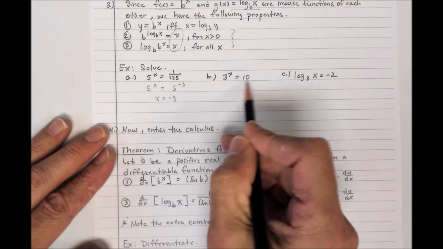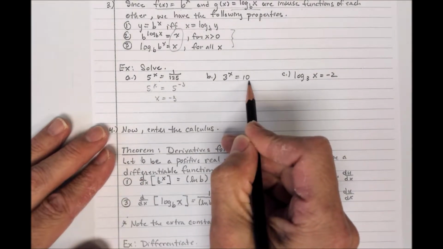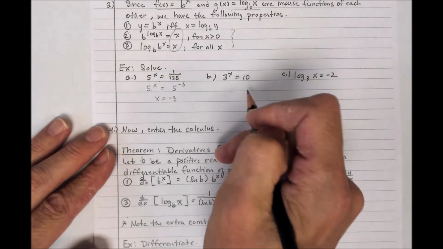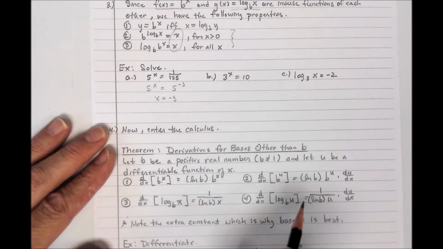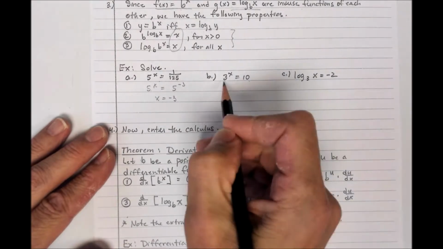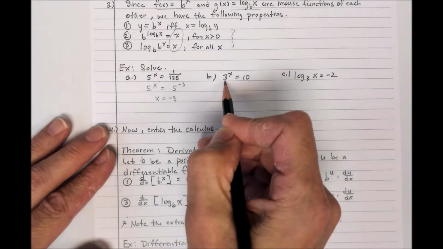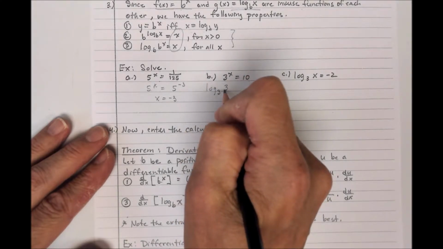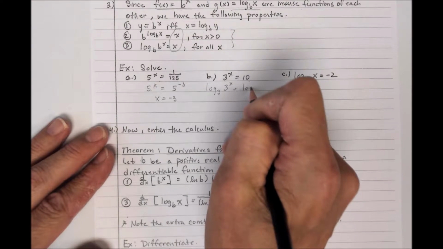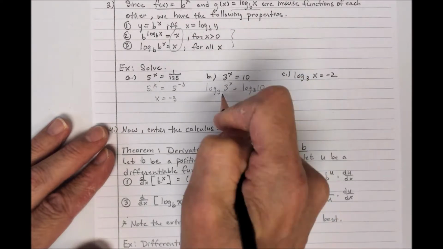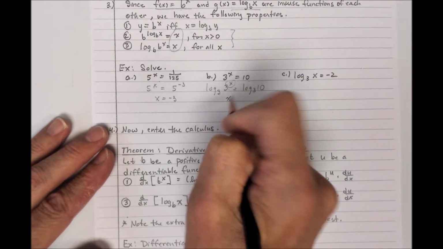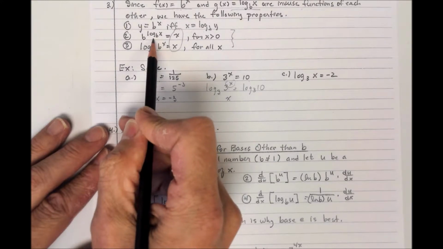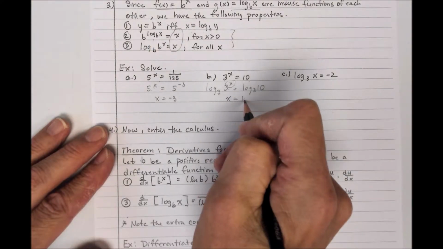I can't do that here, because I can't rewrite 10 as 3 to a power. So what I'm going to do is take the log of both sides. You can take any log that you want, but since it is a base 3 exponential expression, if I take the log base 3 of 3 to the x equals the log base 3 of 10, I'm just going to get x from this property, and x equals the log base 3 of 10.